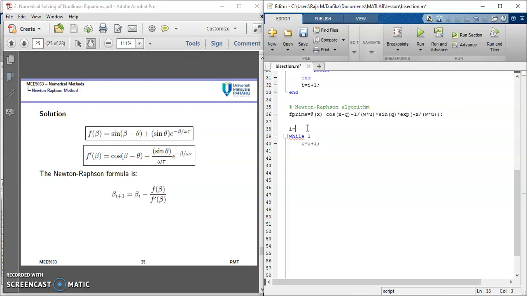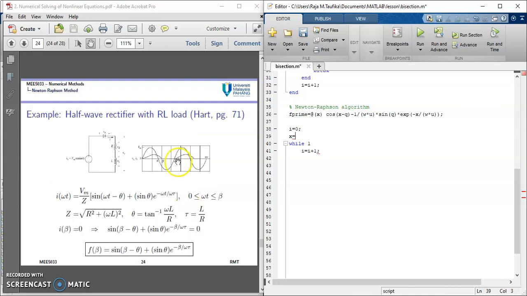Before I forget, please write i equals 0 first, and then choose an initial value or initial guess for the Newton-Raphson formula. As I mentioned in my previous video, Newton-Raphson is categorized under the open method, in which we don't require a bracket like the bisection algorithm, but we need to have an initial guess.